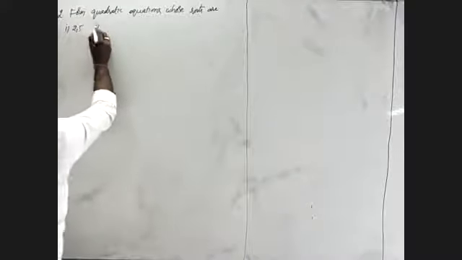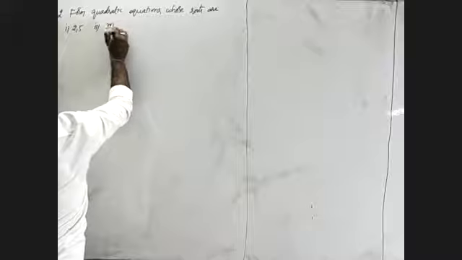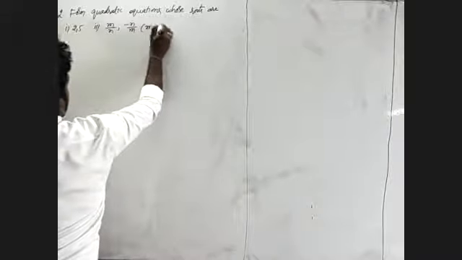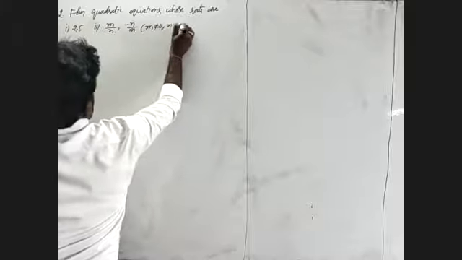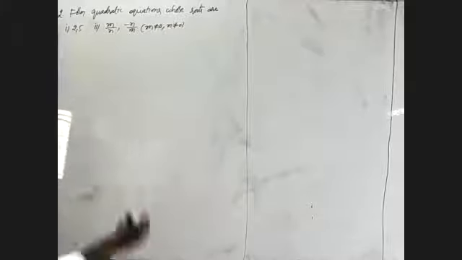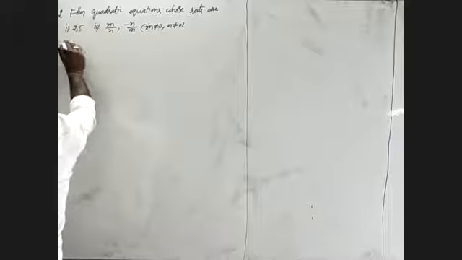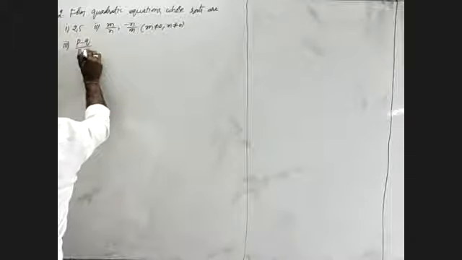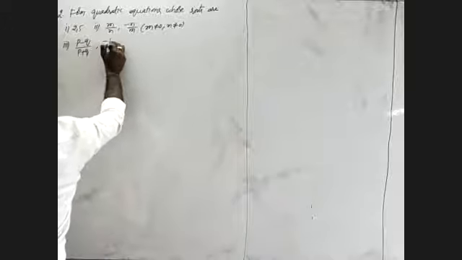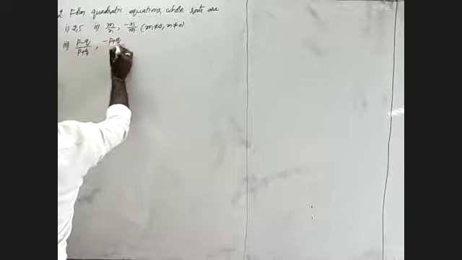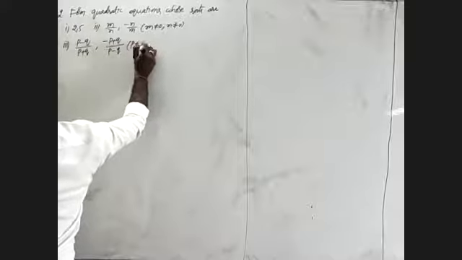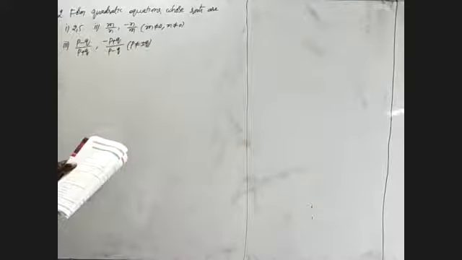Second one is m by n comma minus n by m, where m does not equal 0 and n does not equal 0. The third one is p minus q by p plus q comma minus p plus q by p minus q, here also p does not equal plus or minus q.